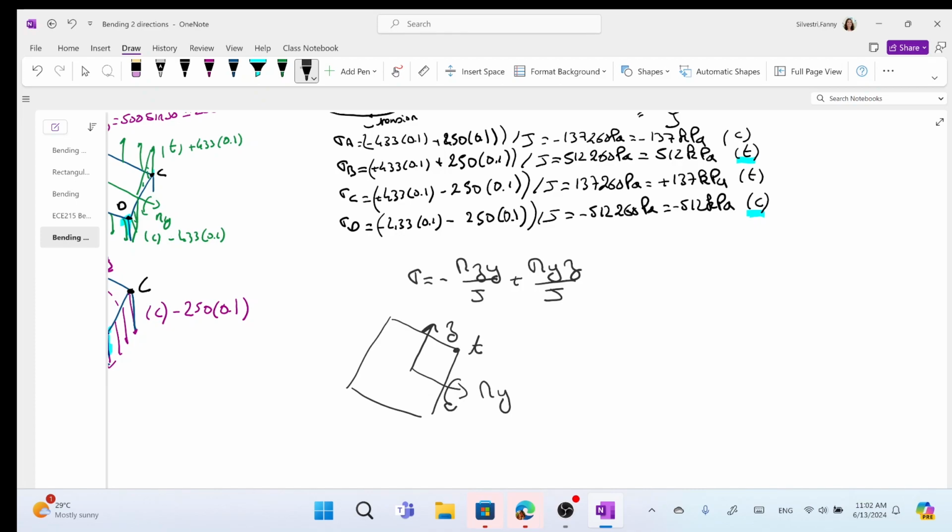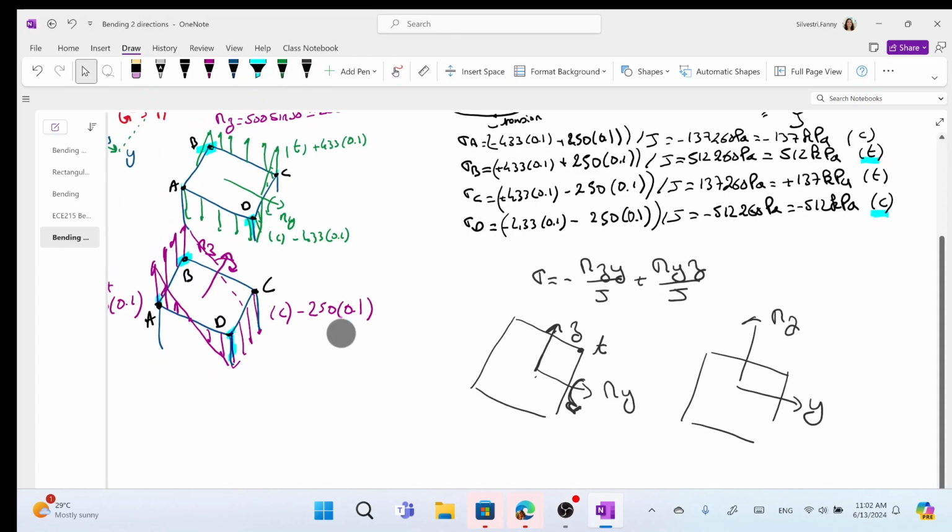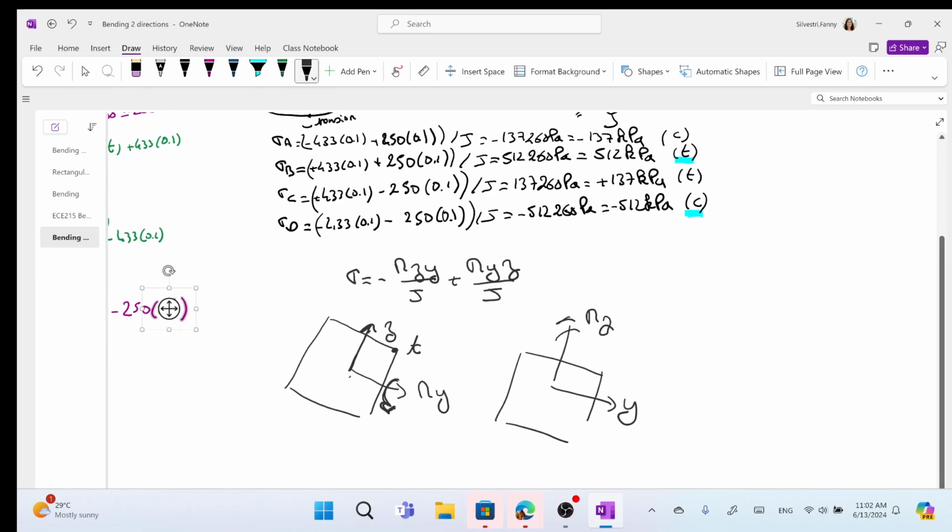So when we use the My positive times the distance z that is positive, we get positive in tension. But when we use the Mz and the y is there and the Mz is going in that direction, okay, the positive Mz creates compression at the positive y.